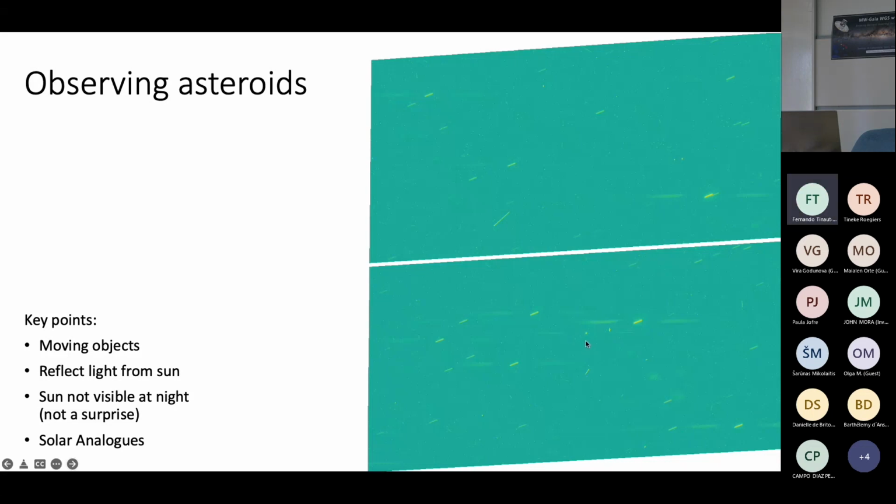The problem is that we should have the solar spectrum observed at similar air mass and by the same instrument that we observe the asteroid. And the sun is not visible at night. This is not a surprise. So what we use is what we name solar analogs or solar twins.